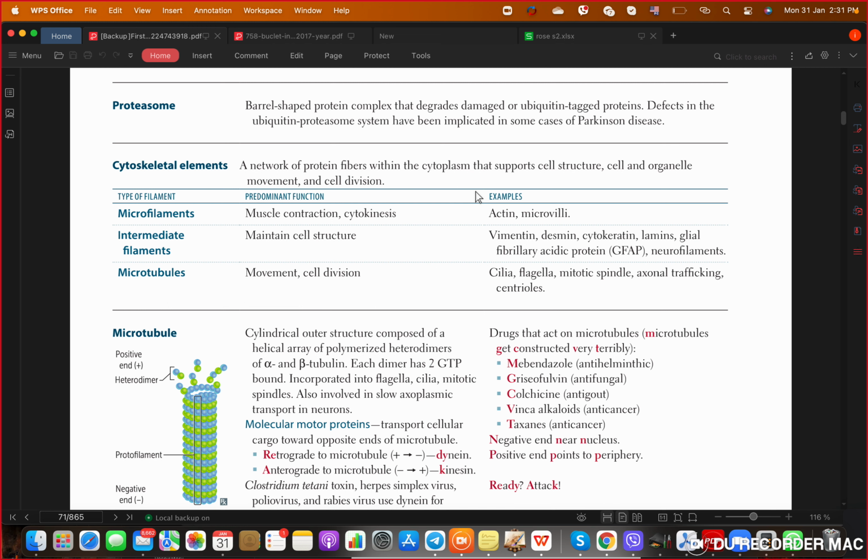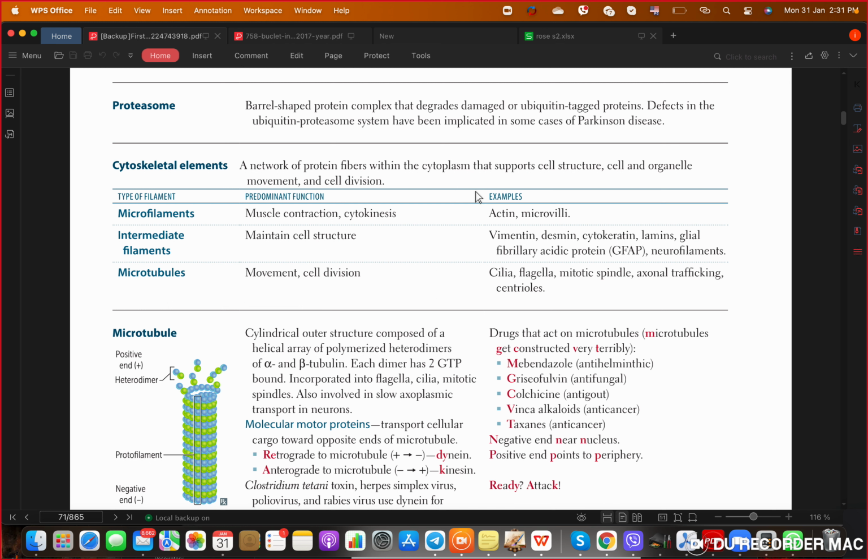Cytoskeleton element. Can you tell me why the cytoskeleton is important for us? To maintain the structure of the cell, and also for transport, stuff like that. Even for division of the cell, it's important. Yeah, so let's imagine one cell wants to become two cells, like in the M phase. Remember mitosis and cytokinesis.